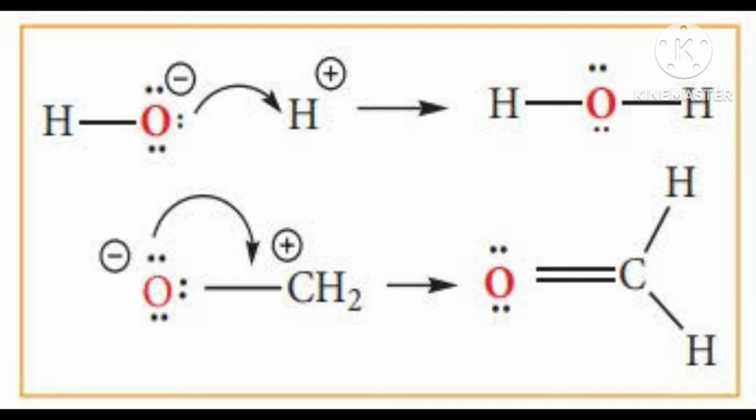The arrow will be like this only, from a pi bond to the adjacent atom, not to the single bond. If it is going towards a single bond, you can write the arrow ending near the bond. But if an atom is taking the electron, then the arrow will end on the head of the atom.